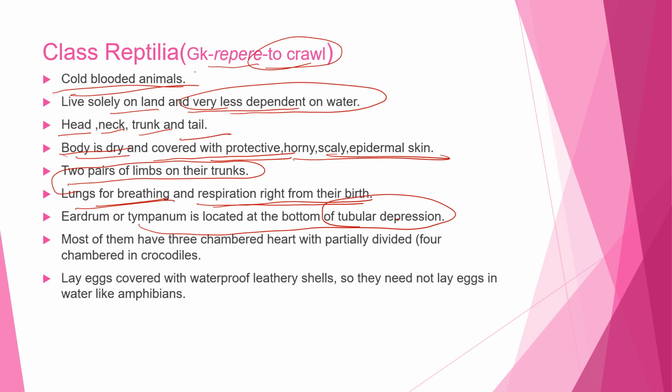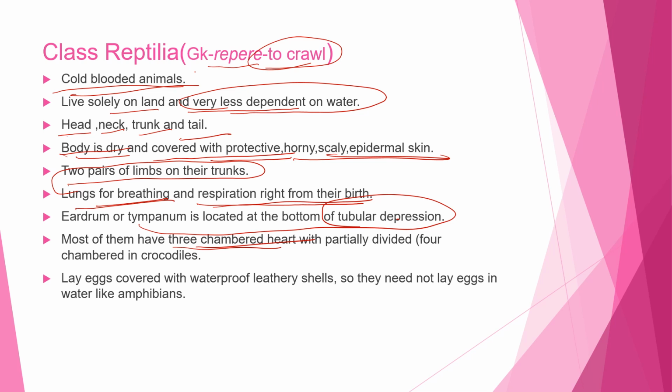Most of these animals have a 3-chambered heart, apart from crocodiles, which have a 4-chambered heart, in which one part of the ventricle is partially divided.